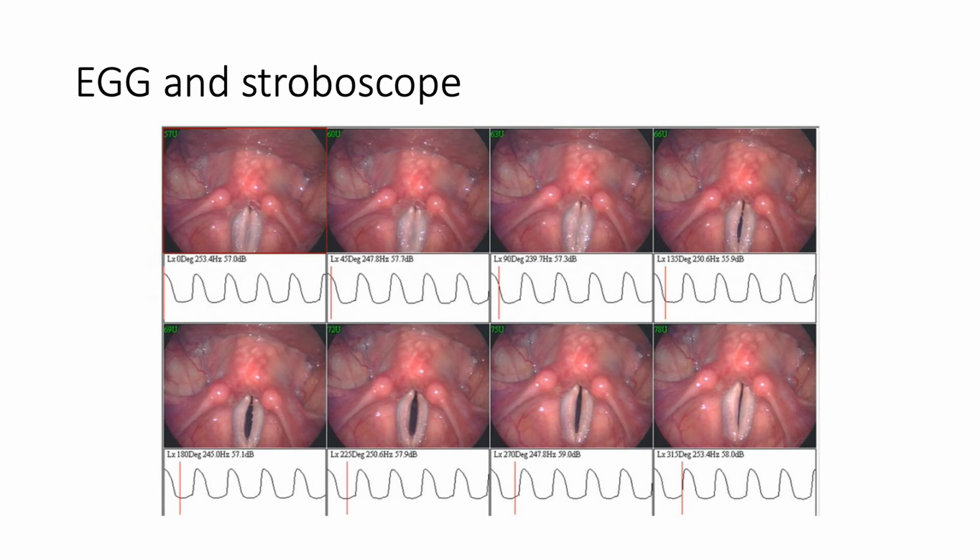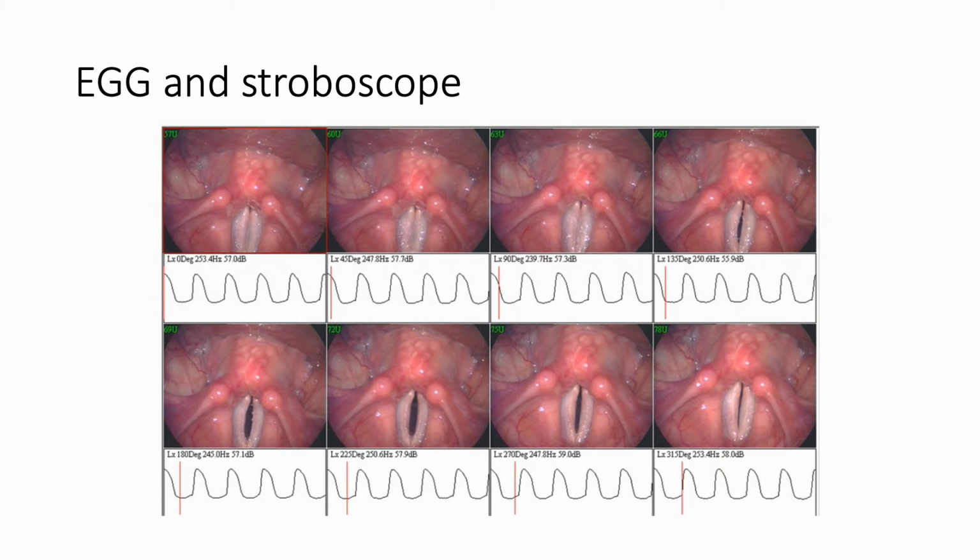And so here on this picture, you can see the image from the stroboscope. So you can see the video, the pictures taken by the camera, and the corresponding signal from EGG underneath.